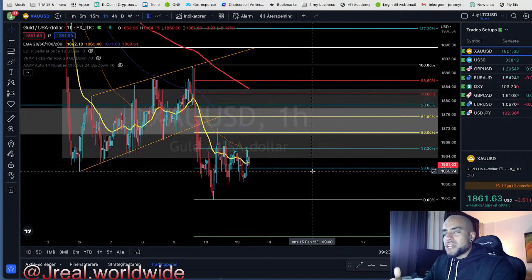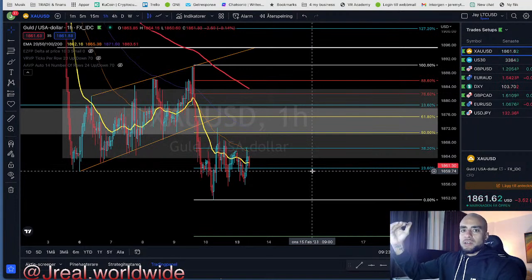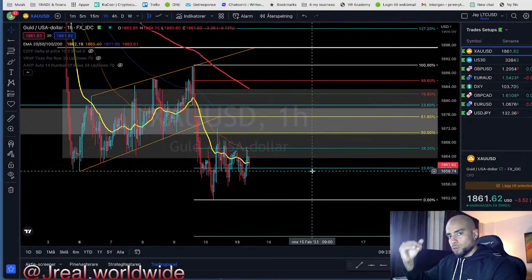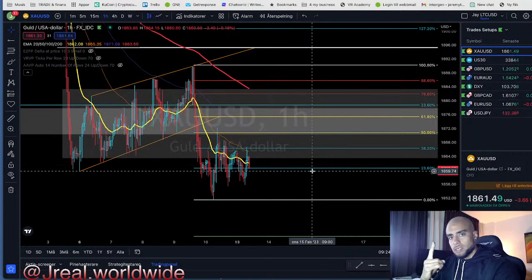If you trade with a 0.01 lot size, that means for every pip the market moves, you win or lose 10 cent, 0.1 US dollar. If you trade 0.1 lot size, then you're trading 1 US dollar per pip. And if you're trading lot size 1, which is a standard lot, then you're trading 10 US dollar per pip. All right?